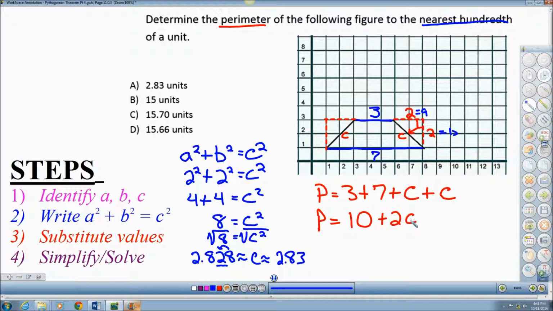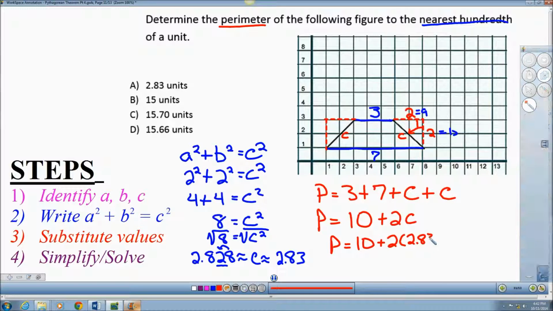So I can now substitute in C is approximately 2.83, so I can finish my formula. So P equals 10 plus 2 times 2.83.